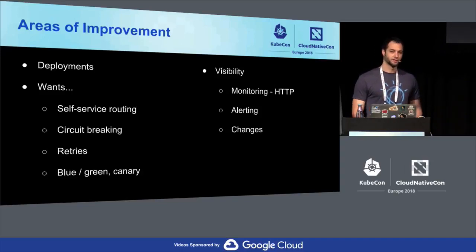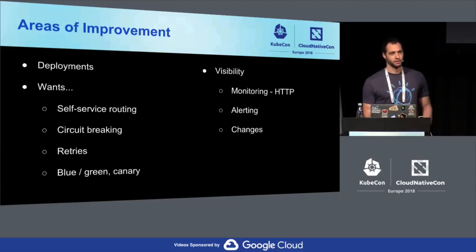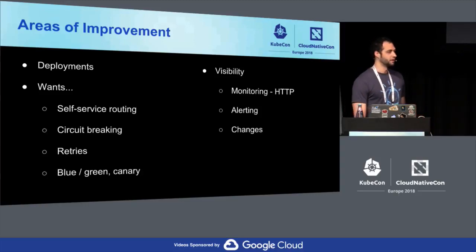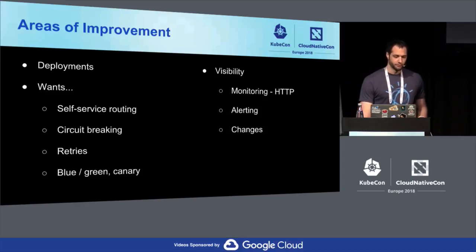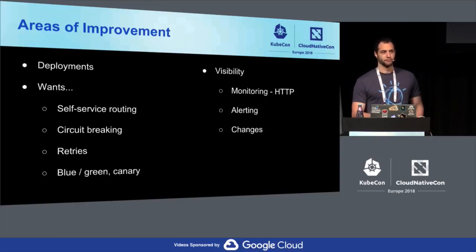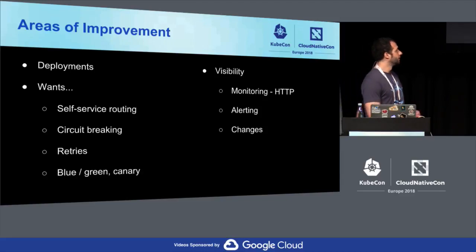So it would allow much faster work streams, and teams could switch routing really quickly, especially in production if they added new versions. And we didn't really offer a lot of tooling in the routing world. So we want to add circuit breaking and retries and blue-green to those developers. So if they're using our platform, they could try canaries and blue-green testing.